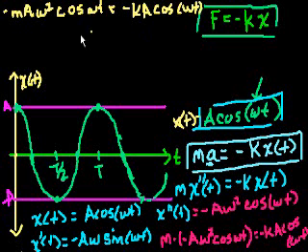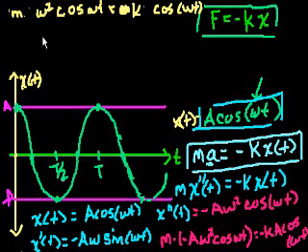Well, it looks good so far. We can get rid of the minus signs on both sides. We can get rid of the a's on both sides, right? We can divide both sides by a. So if we get rid of a on both sides, we're left with that.